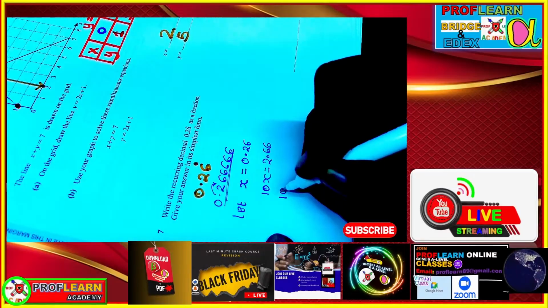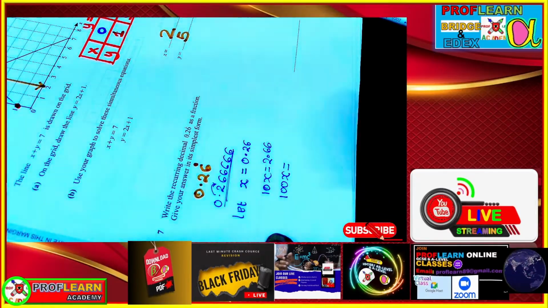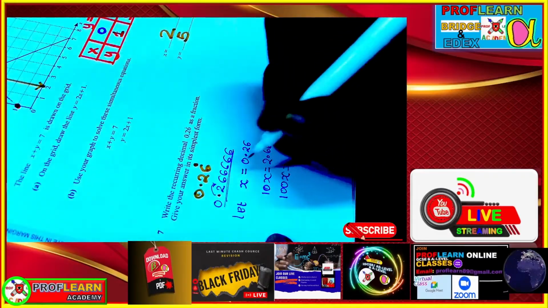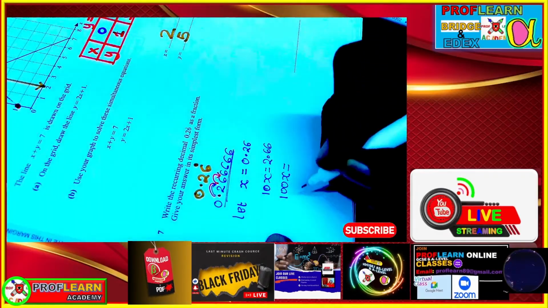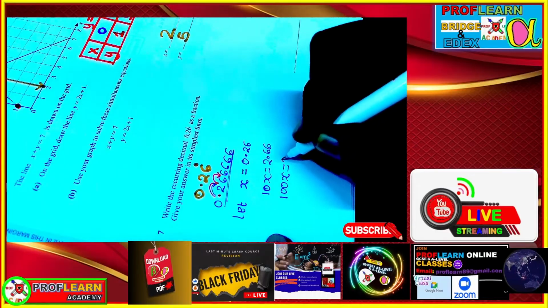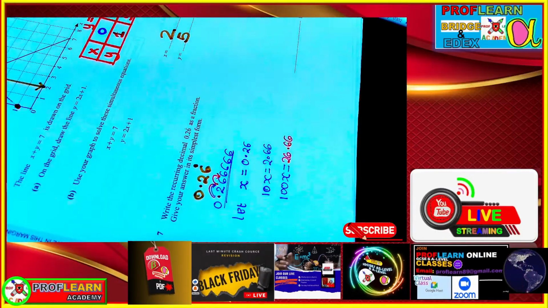Now I find 100x. I'm going to move the decimal 2 steps, 1, 2. So I can write this as 26.66.